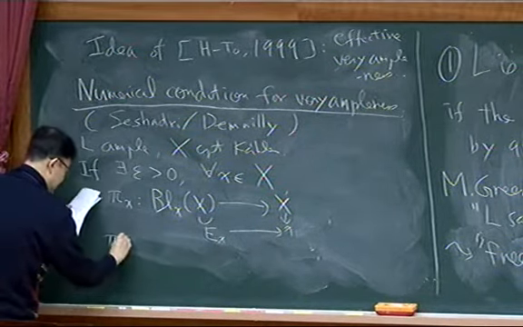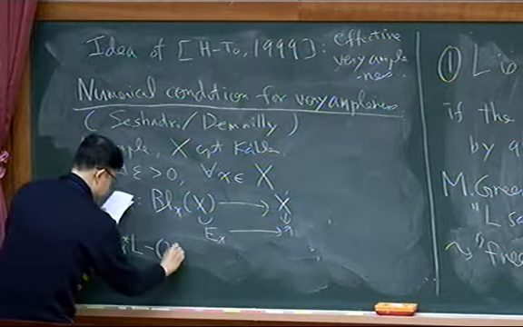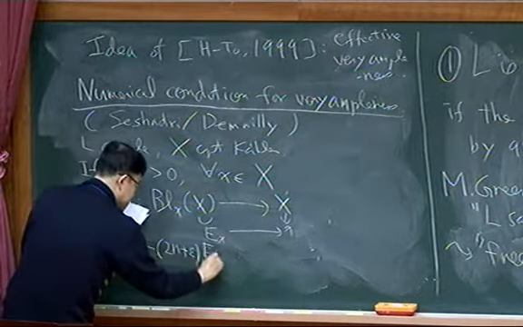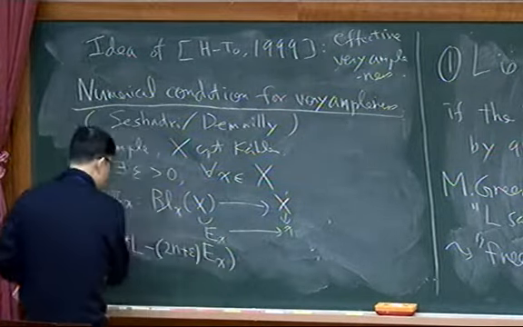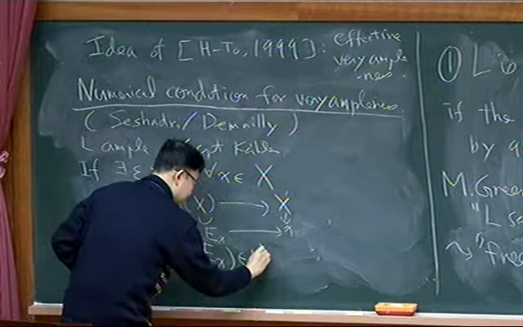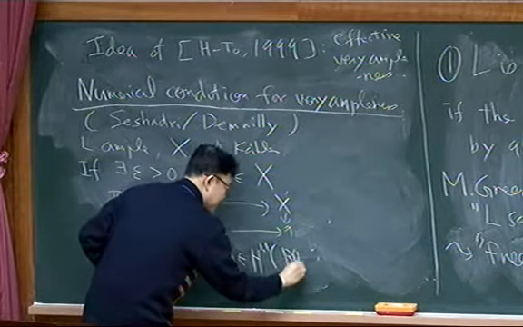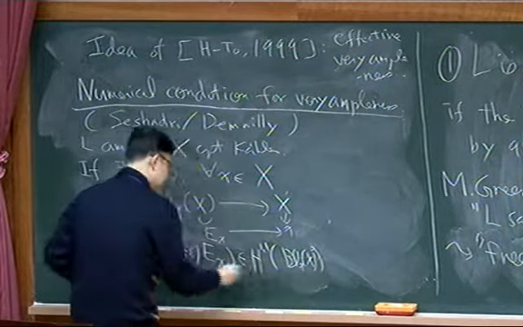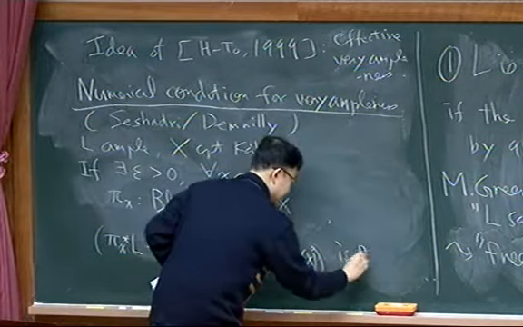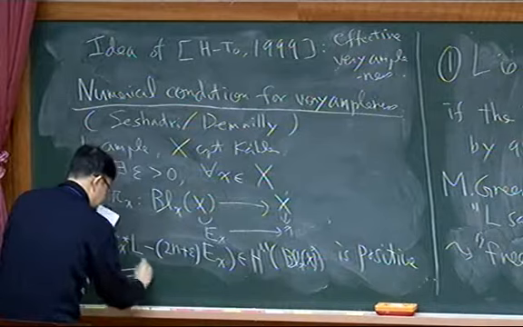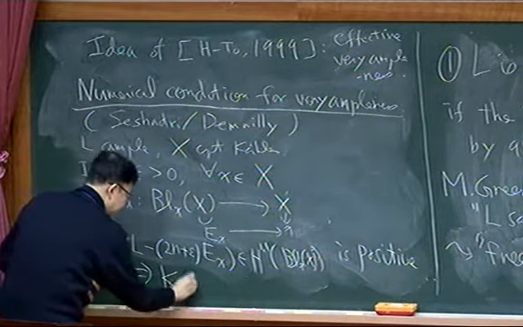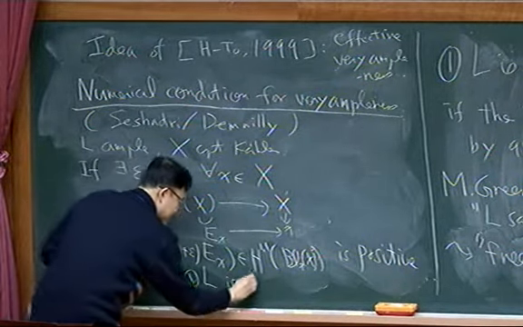Now if pi_x star L minus (2n plus epsilon) E_x, as a class in H^{1,1} of the blow-up, is positive, then K_X tensor L is very ample.